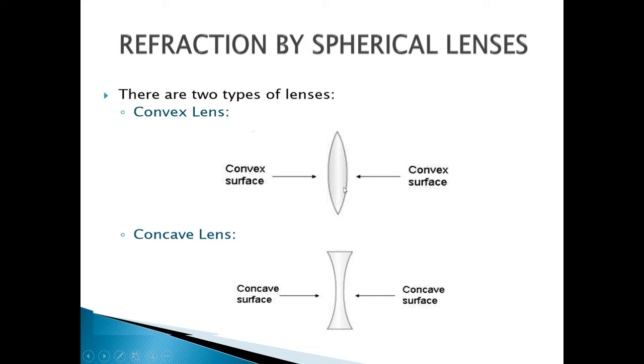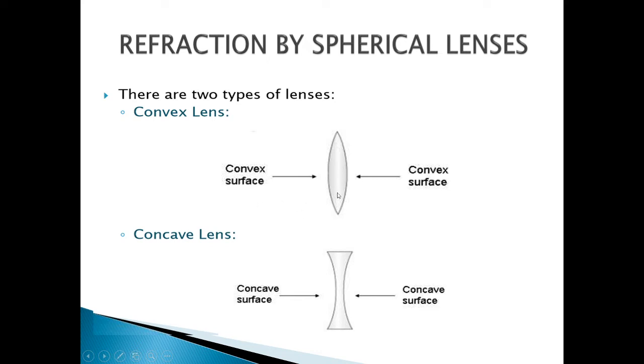A convex lens is a lens having two curved surfaces attached together. All the curved surfaces are convex, and it is broader in the middle and thin at the edges.